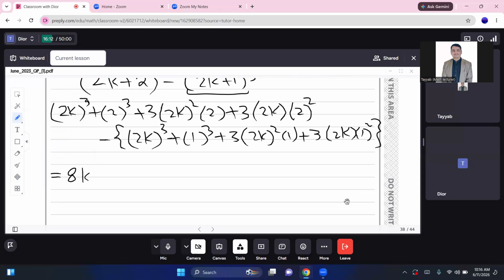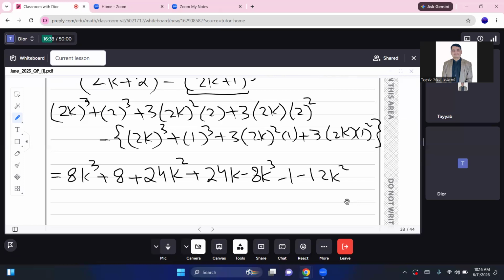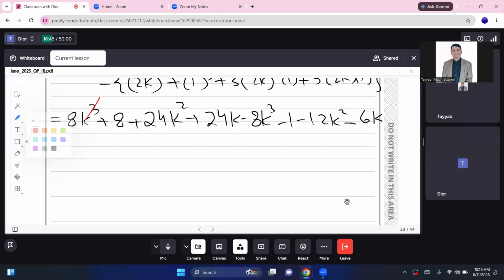So 8k cube plus 24k squared plus 24k minus 8k cube minus 1 minus 12k squared and plus 6 minus 6k. Yeah. So 8k cube cancelled.